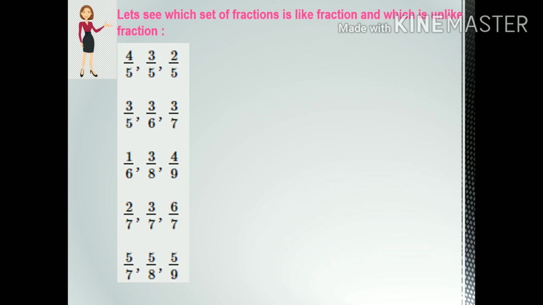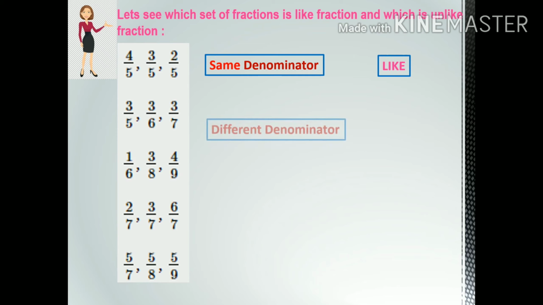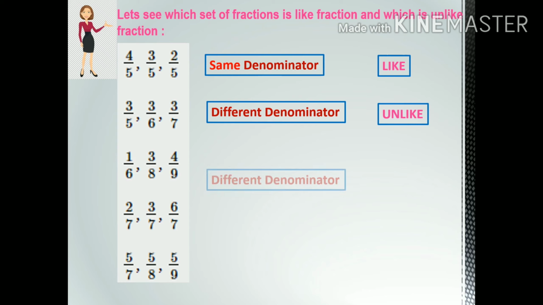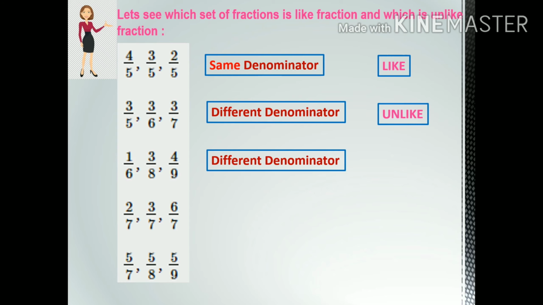In the first set of fractions we see we have the same denominator for all the fractions, so it is a like fraction. In the second part we see different denominators for different fractions, so they are unlike fractions. In this part we see different denominators for the given fractions, so they are also called unlike fractions.